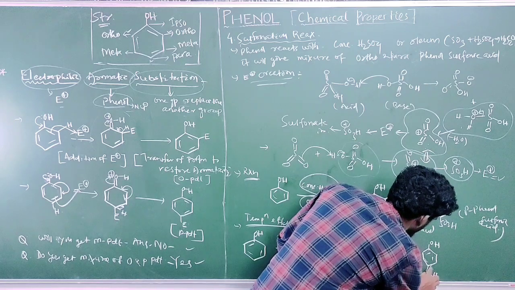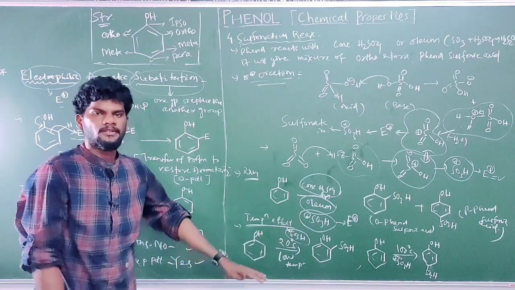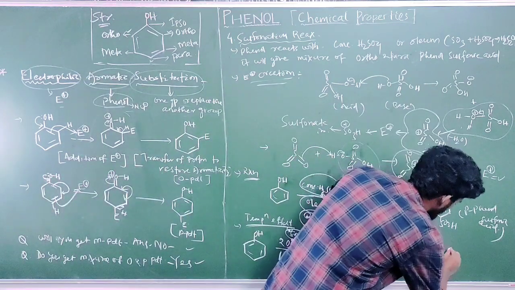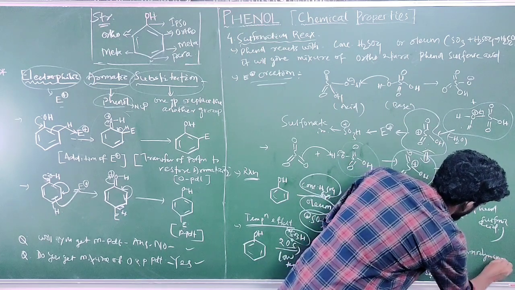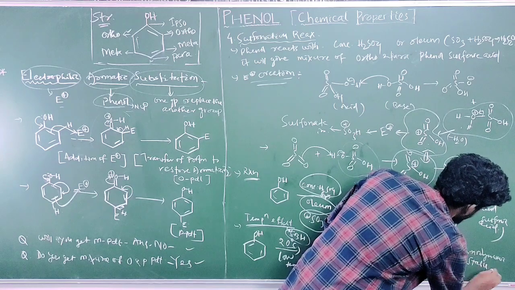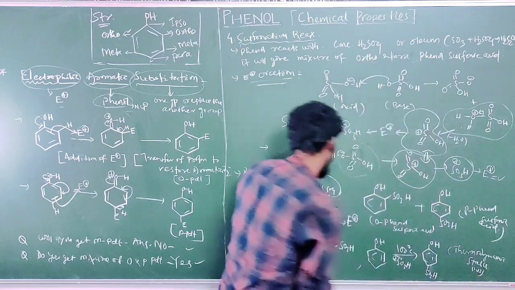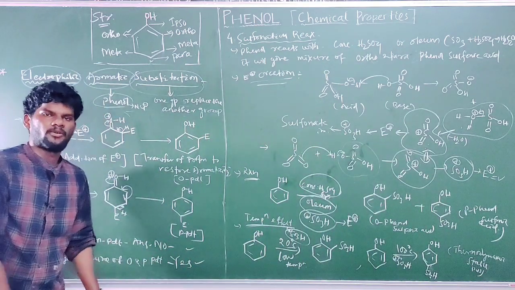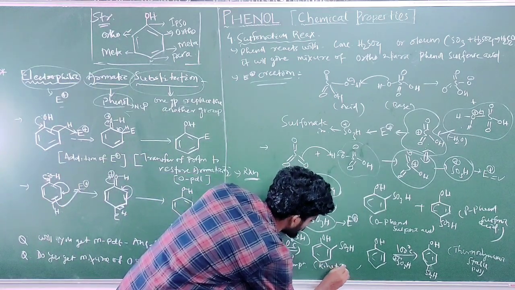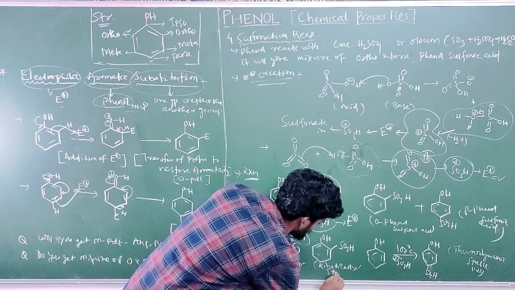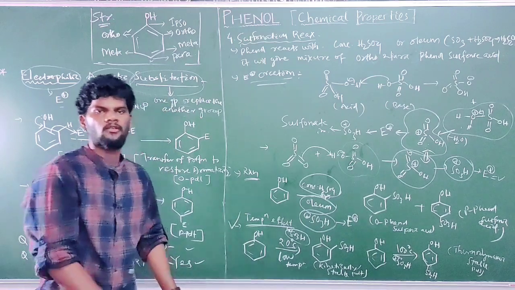This is para phenol sulfonic acid, and it is the thermodynamically stable product, because it takes more time. But the ortho product is the kinetically stable product, it will form faster. So this point is important, temperature effect in sulfonation reaction.